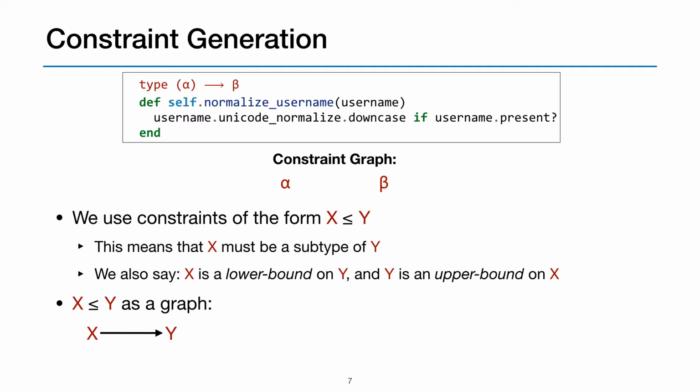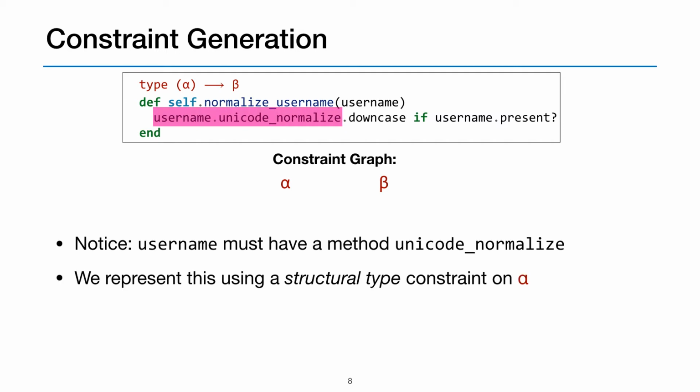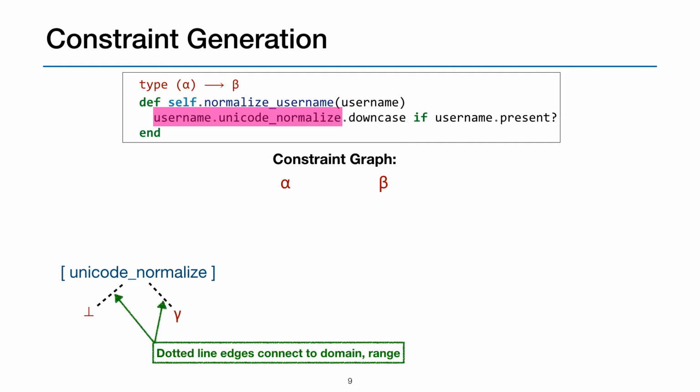Now notice that the input to this method, username, must have a method called Unicode normalize. We'll represent this with a structural type constraint on alpha, where a structural type tells us the methods that a value must have. Here's our structural type on the graph. We show the name of the method, Unicode normalize, and these dotted line edges connect to the domain and the range of this method.